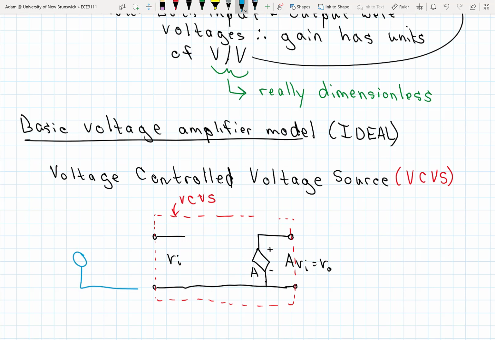So let's apply a signal at the input. I'm just going to show a sinusoidal source. I'll call this Vs. Okay, so this is my source. And typically we're going to have some load attached to the output of the amplifier, which it is going to drive.